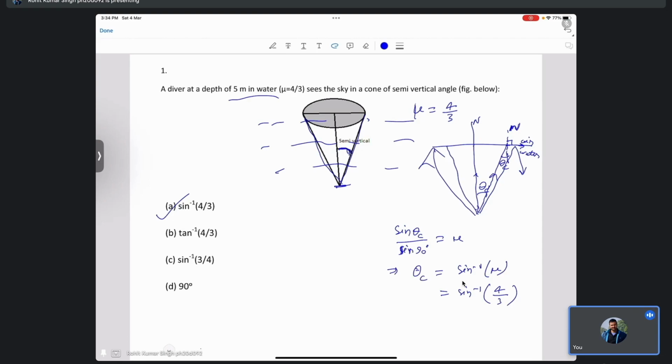So that's why you have a cone like this. If you have any doubt, you can ask. Is it fine? Okay.